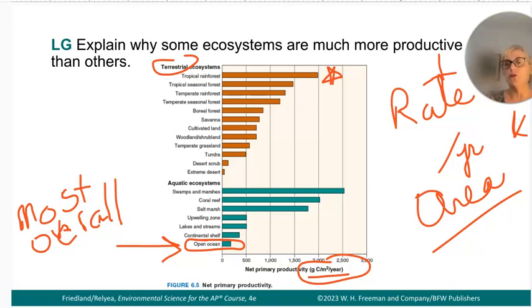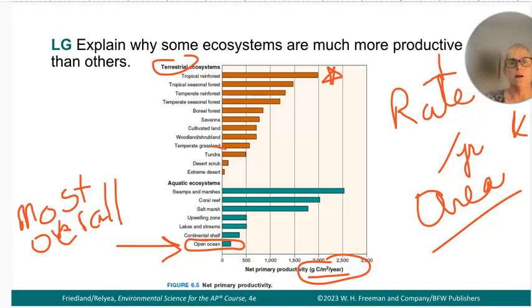But if you're in the photic zone, up high near the surface, you might not have nutrients except in places of upwelling that you'll learn later this year. So the open ocean is really bad. There's not a lot of light or life in the open ocean, and there's not a lot of nutrients. But because there's so much of the ocean, it creates the most overall productivity. And so those are important things to understand.